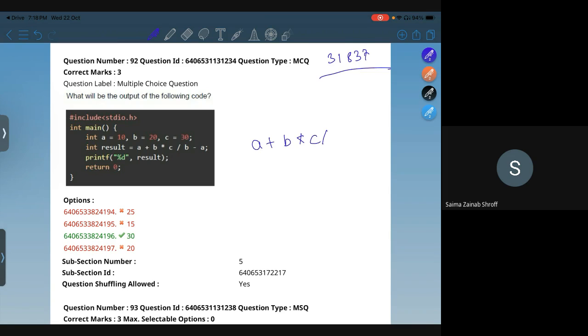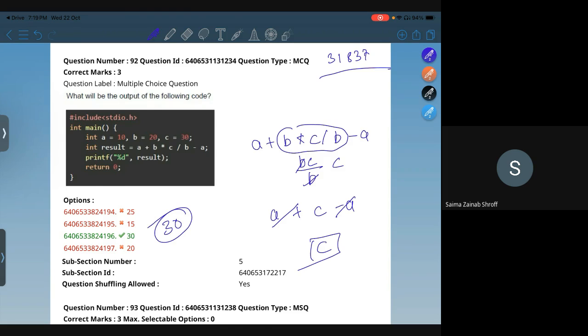B multiply C divided by B minus A. Firstly, this multiply will get resolved, so this will be B into C. This is BC divided by B, so again B got cancelled out. So this whole simplifies to C only. So A plus C minus A, which is again A, and A got cancelled out. So this is C. C is 30, so the answer is 30.